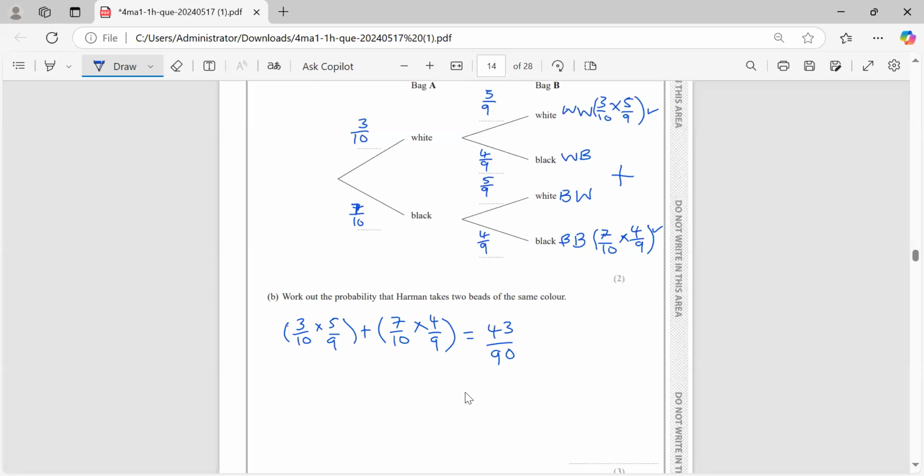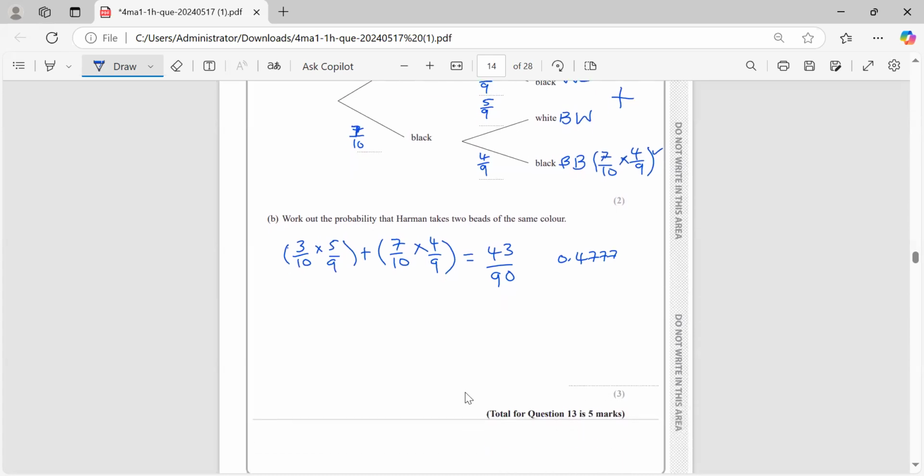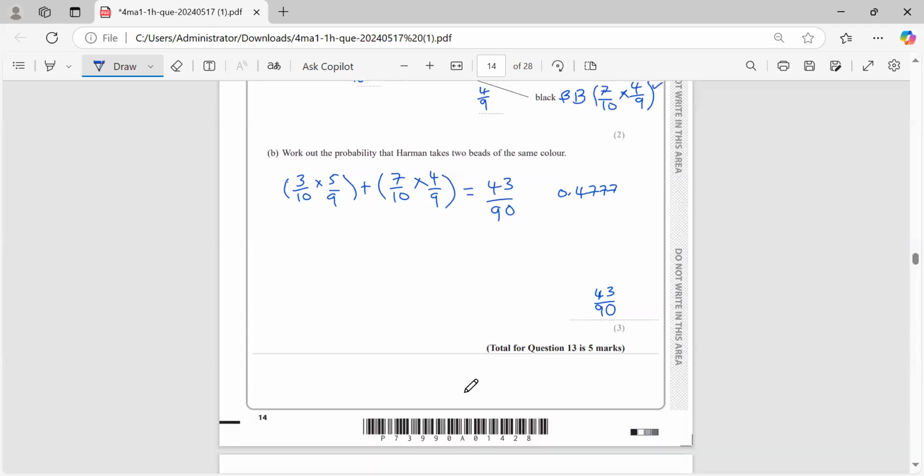You can as well write it as a decimal, which is around 0.477. It keeps on recurring, so you just say 0.47, right? So I'll write 43 over 90. All right. So that is our answer over there. Let's move on to the next question.